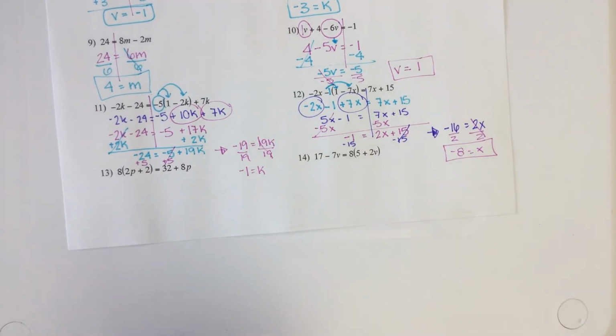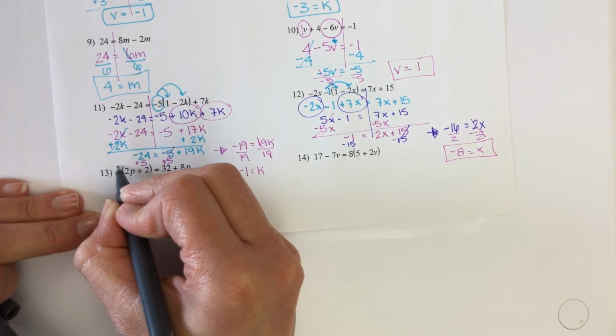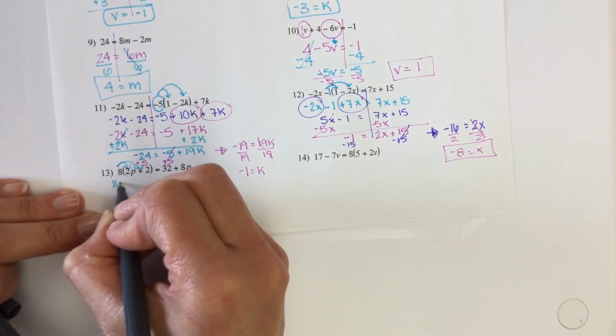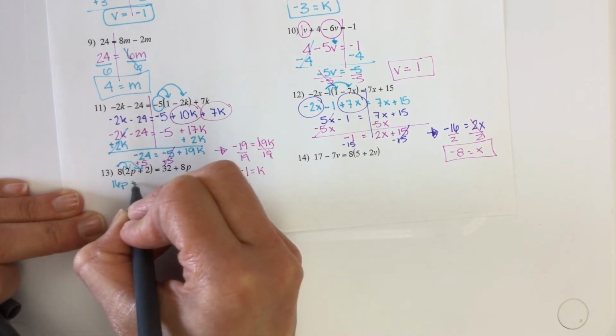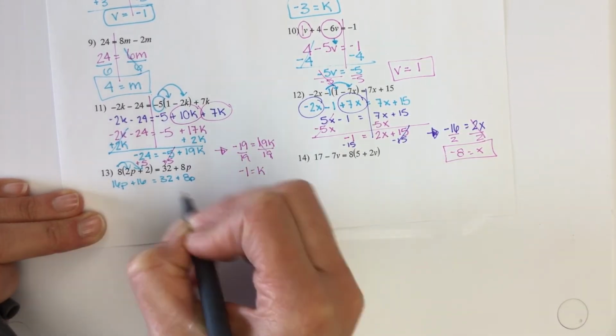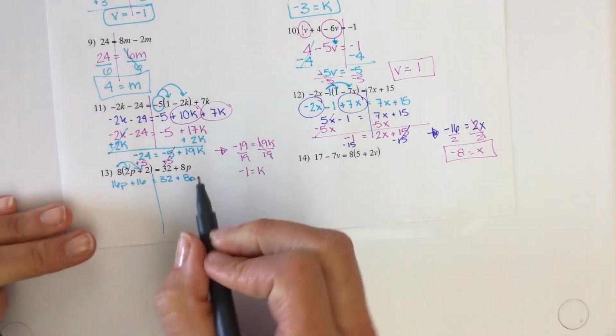Okay, a couple more problems here. Number 13, we have an 8 on the outside that we need to distribute into our problem. 8 times 2p is 16p. 8 times 2 is 16. Nothing on either side of that problem to simplify first, so I'm just going to start by moving my variables.